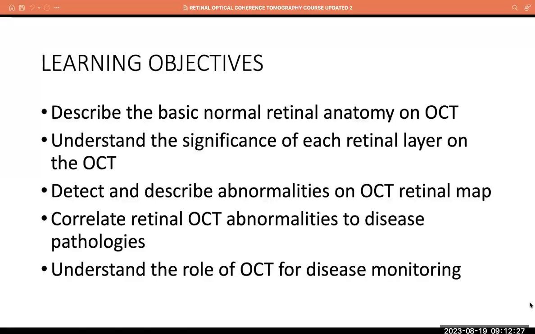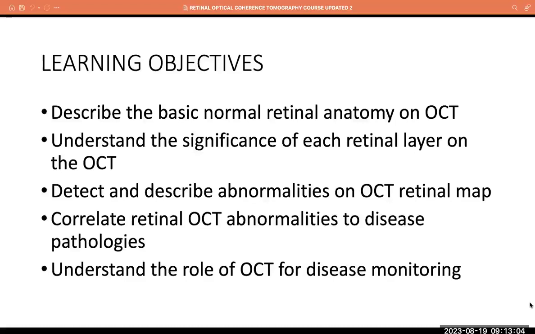But the OptoView is what I'm used to, that's what we have in our center, and that's what gives the resolution. If you're in medical retina or vitreoretina, you need a high resolution. This gives up to 5 microns axial resolution, a scan speed of 26,000 scans per second, and uses a raster scan. Those are technologies that the OCT uses.